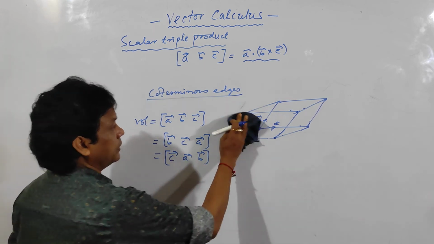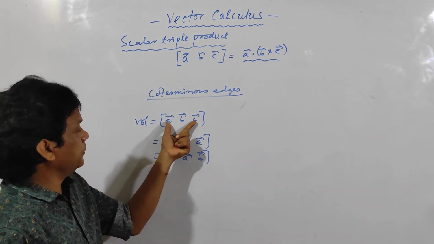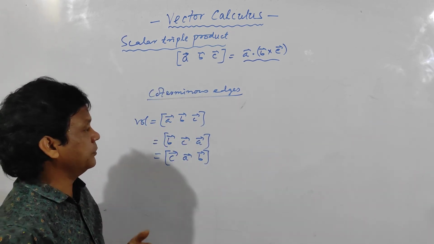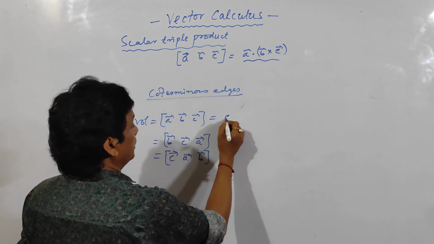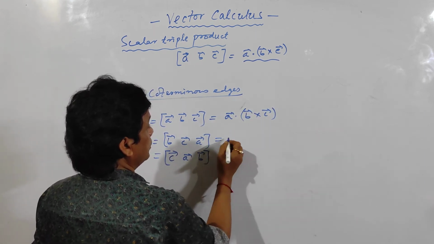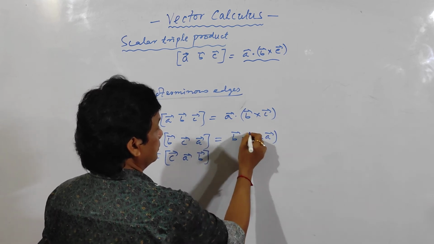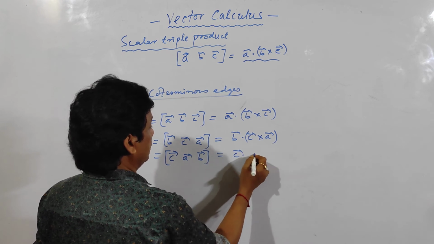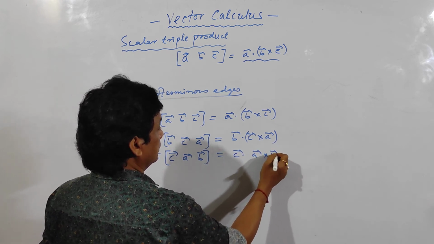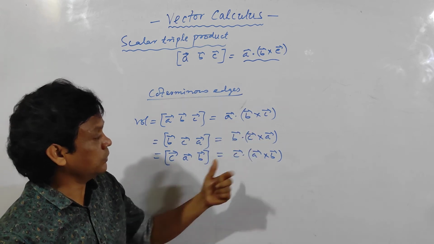So the volume of the parallelepiped is given by ABC triple product or BCA triple product or CAB triple product. That means, see here, A dot B cross C is equal to B dot C cross A is equal to C dot A cross B. That means this one equal to this one equal to this one.